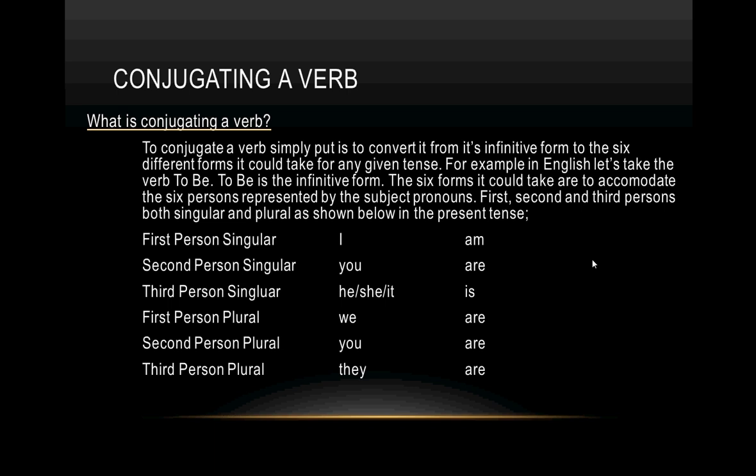So we say I am, you are, he, she, or it is, we are, you are, they are. So to say I am, you are, he is, all of them you're using the verb to be. You're just using it in different forms because it's been conjugated.